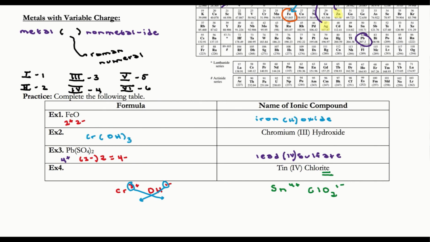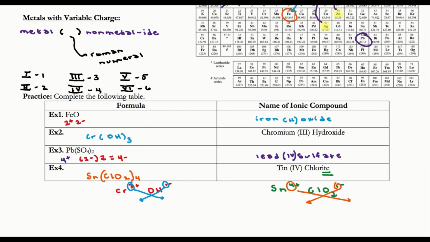So when I go to cross my charges, this is going to be Sn, ClO2, and then I need to put the 4, but remember I don't want to have 24 oxygens, I want to have 4 chlorites. So I'm going to put the chlorite in parentheses.